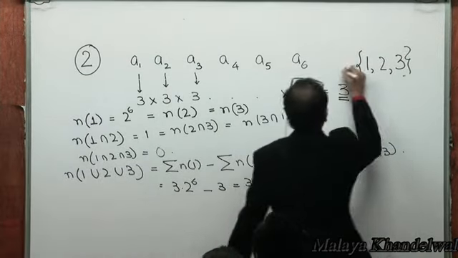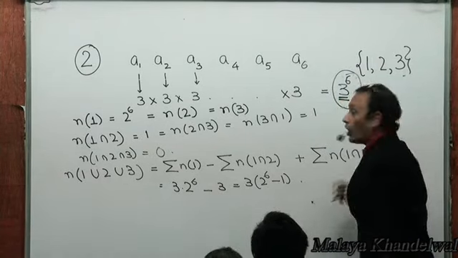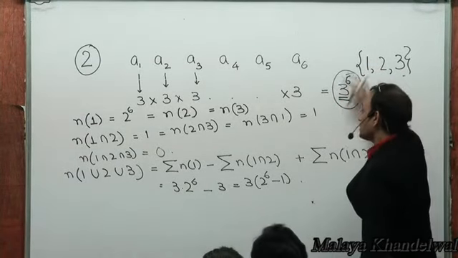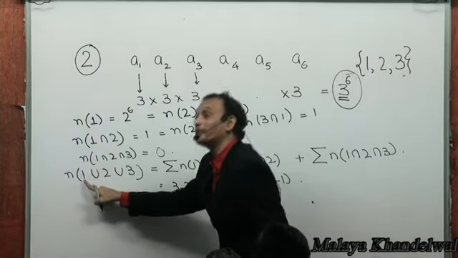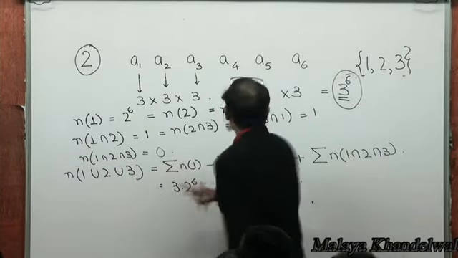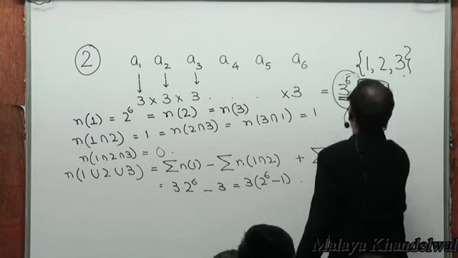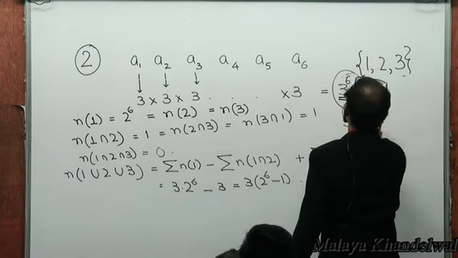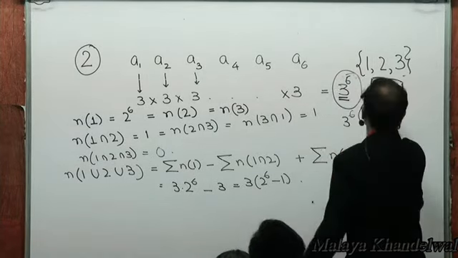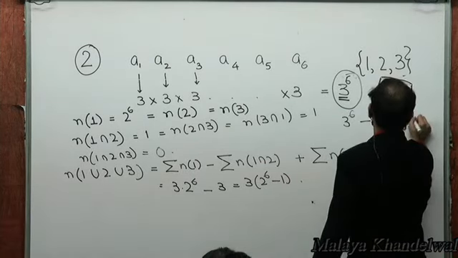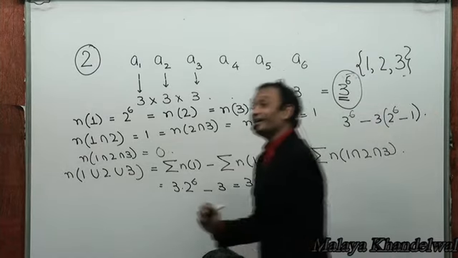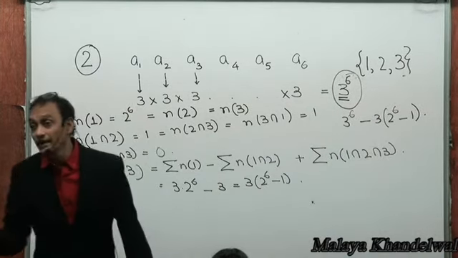Total numbers are 3 to the power 6. Of these 3 to the power 6 numbers, these many numbers don't contain at least one of them, 1 or 2 or 3. That means the remaining are how many? 3 to the power 6 minus these. They would contain all of them, 1, 2 and 3.